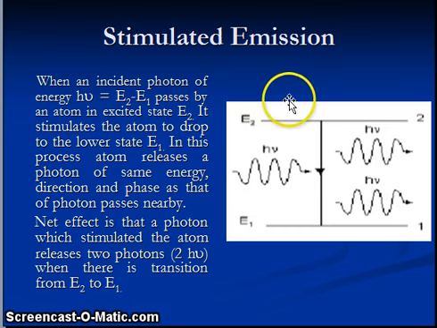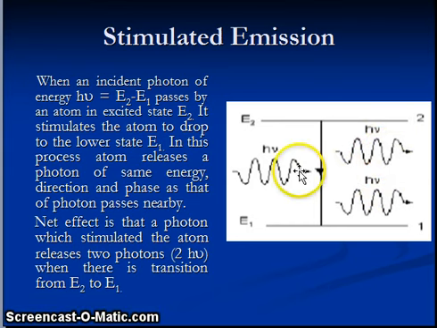In stimulated emission, when an incident photon of energy h nu, equal to E2 minus E1, passes by an atom in excited state E2, it stimulates the atom to drop to the lower state. Or you can say, when an incident photon strikes an atom in excited state E2, there is a transition of the atom from excited state to ground state with the emission of a photon along with the previous photon.